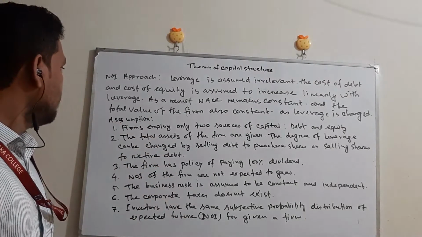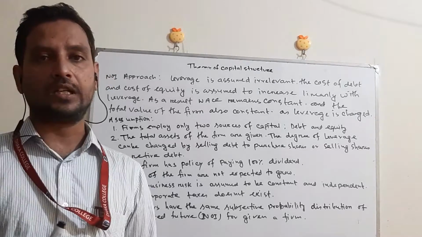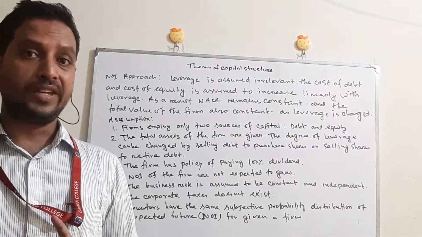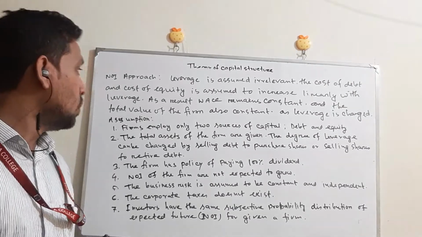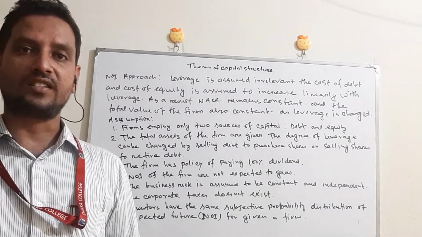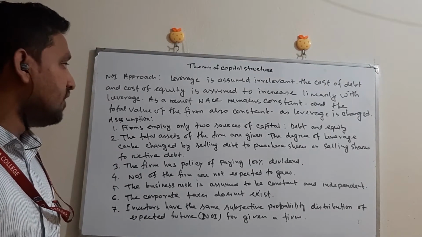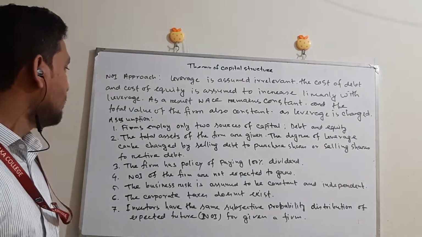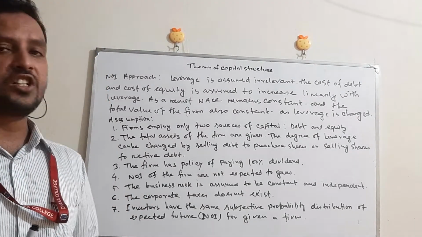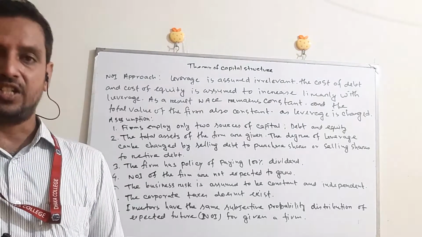One: firms employ only two sources of capital, debt and equity, I mean common shares. Two: the total assets of the firm are given. The degree of leverage can be changed by selling debt to purchase shares or selling shares to retire debt.